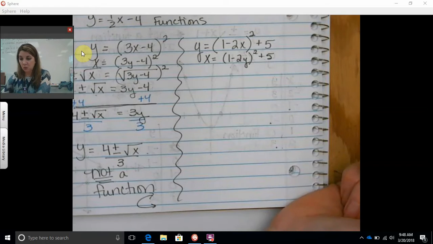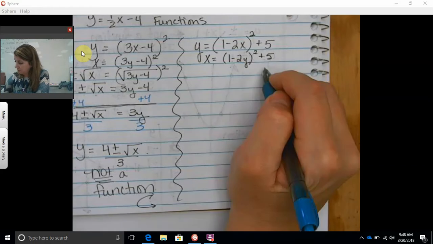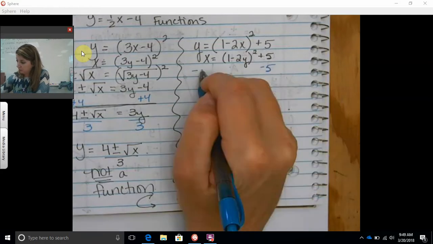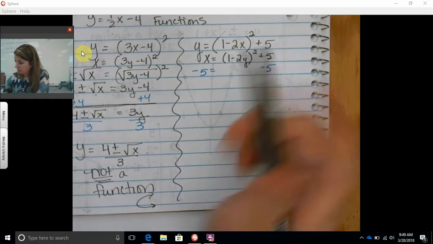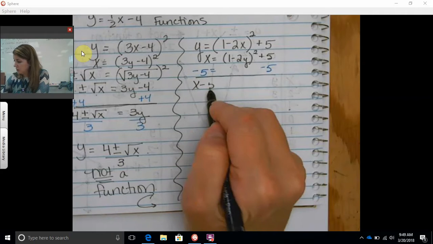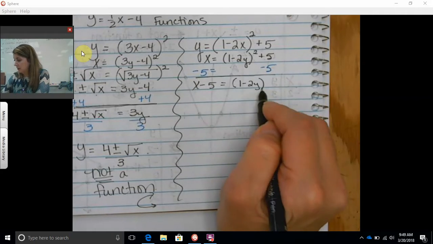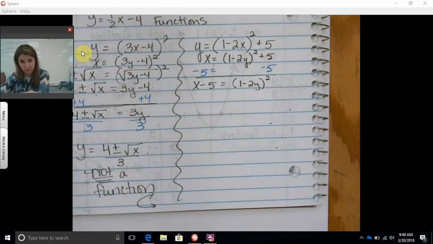Now I want to try to isolate the y. What should I do first? Okay. So x minus 5 equals 1 minus 2y quantity squared. Now what?